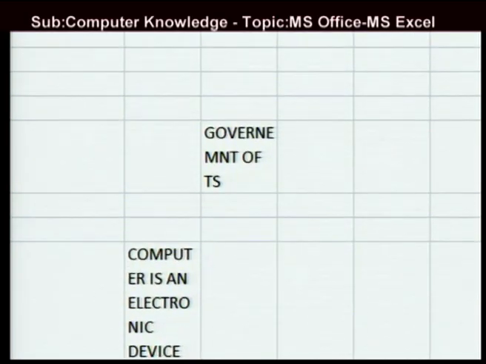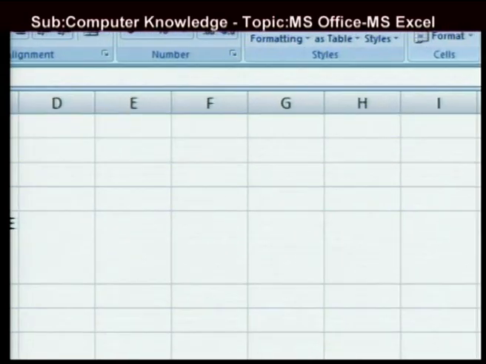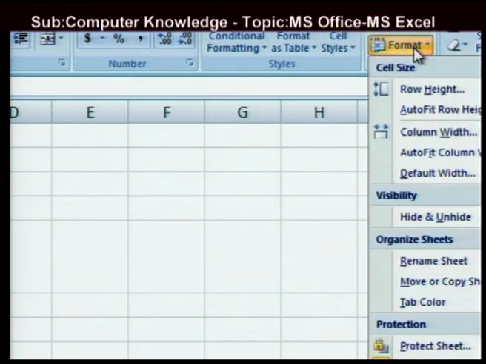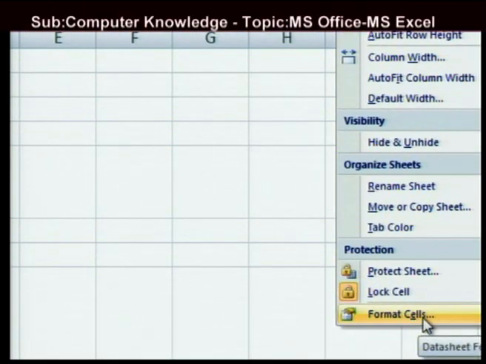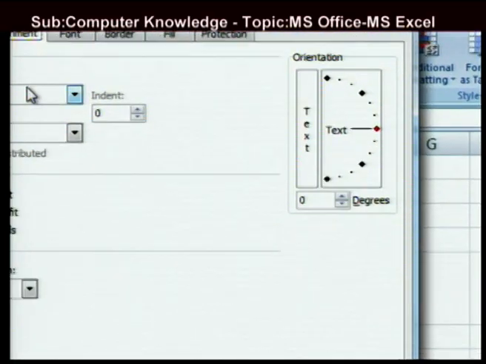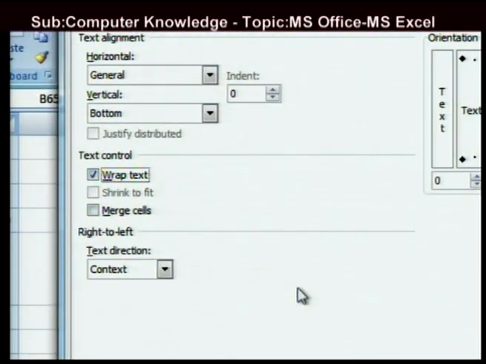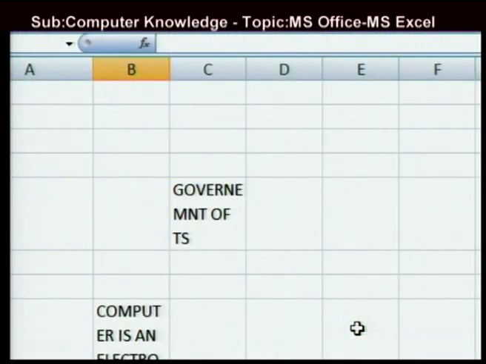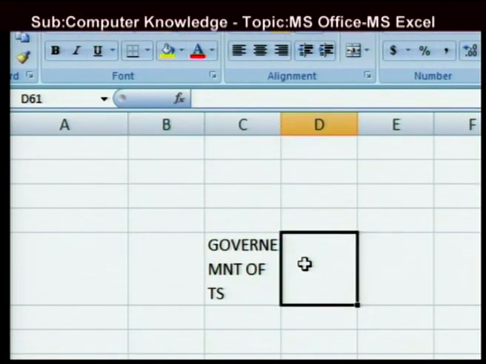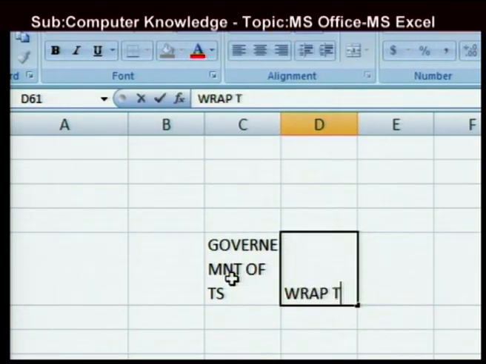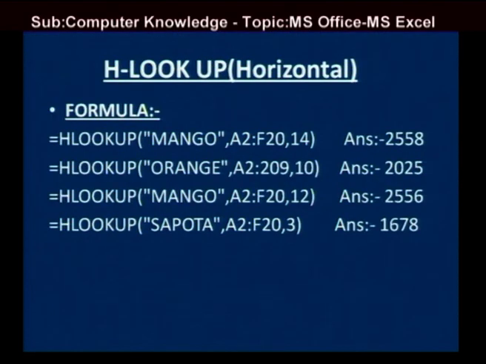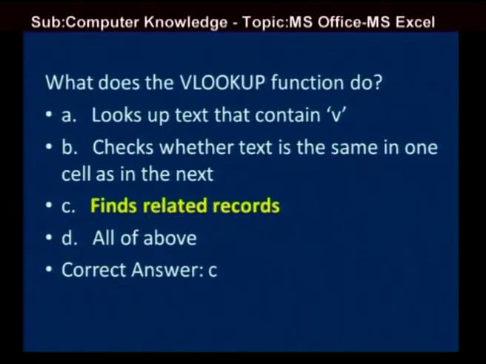I create the wrap text, meaning format and format cells, click on wrap text and again click on OK. Finally, select only wrap text, and we merge the total matter in a single cell. The option is wrap text. I will explain it in questions.